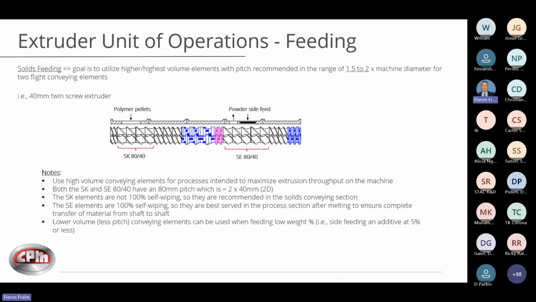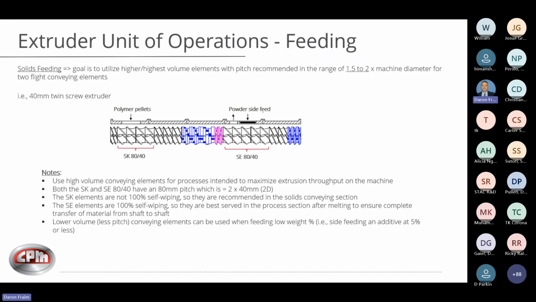The reason for this, and I've seen people use SKs in side feed locations, the only risk there is, remember, these SKs are not 100% self-wiping. So they're recommended in the solids conveying and not as much in the melt section, because a lot of times, depending on the polymer, some polymers have a tendency to stick to the screw shafts more so than others.